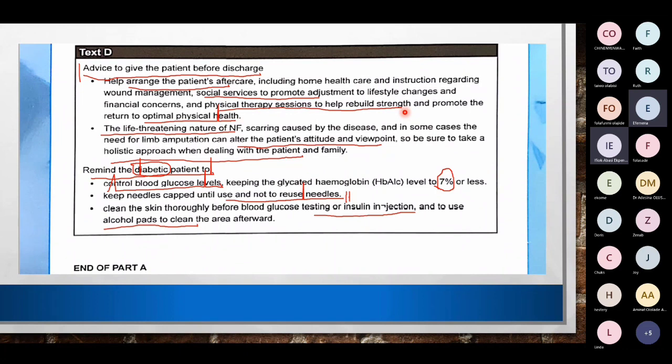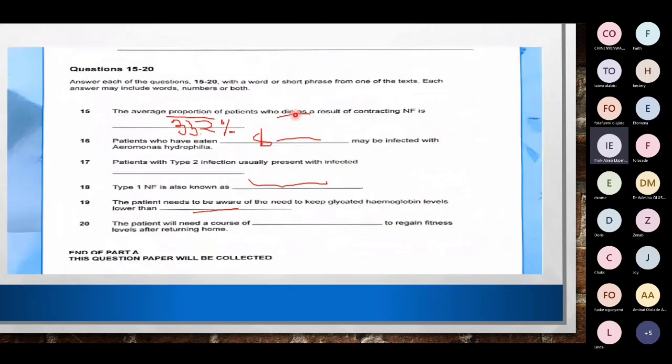It's not physical therapy sessions, because the course is already there. Cancel that sessions. The patient will need a course of physical therapy to regain fitness after returning home.